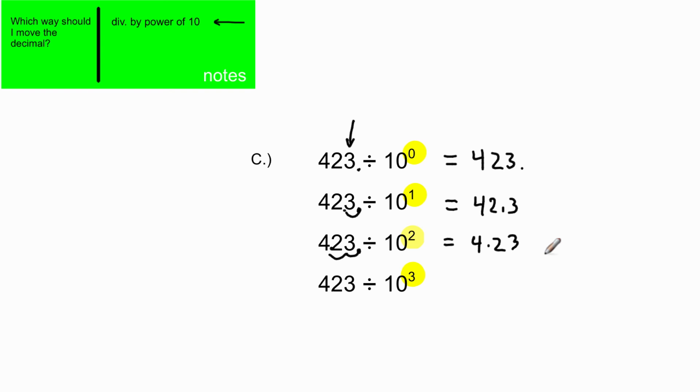So it makes it 4.23. And then the last example, the exponent is a 3. I add my decimal on there, move it over one place, 2 places, 3 places, and drop the decimal there. So it becomes 0.423. And then many of you are going to be adding the 0 on there. I always add the 0 just because it looks better.